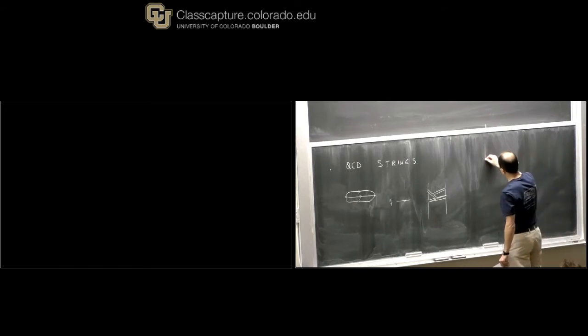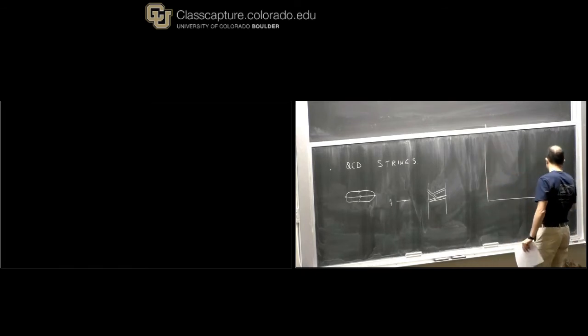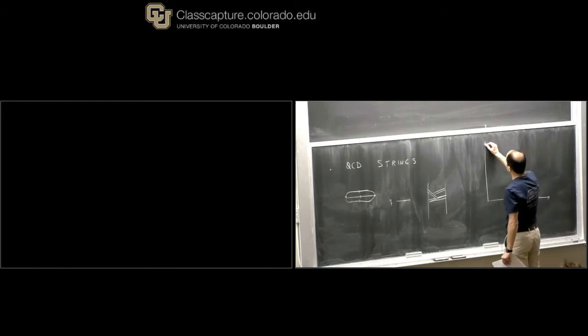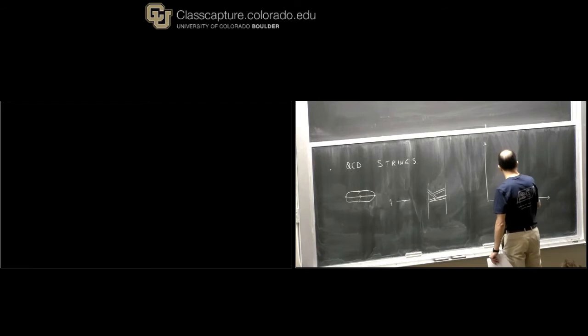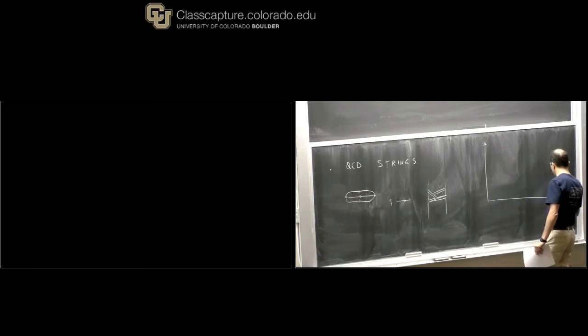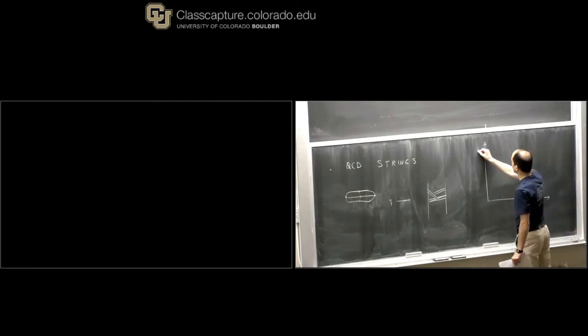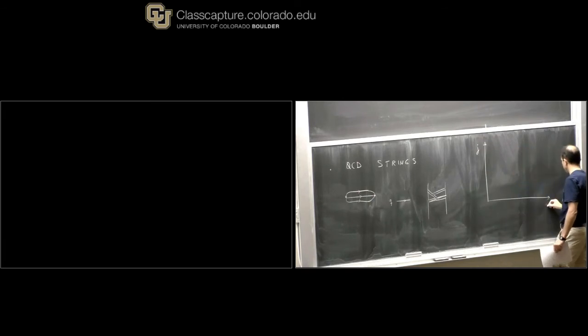Now you can say, well, what is good evidence for these strings? One that looks very direct and simple is to plot the mesons. Usually you plot the mass squared of the mesons, and you look at the mesons that have the lowest mass for a given spin.